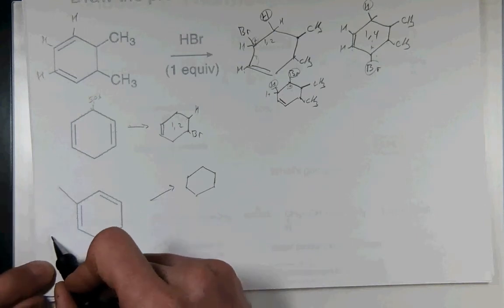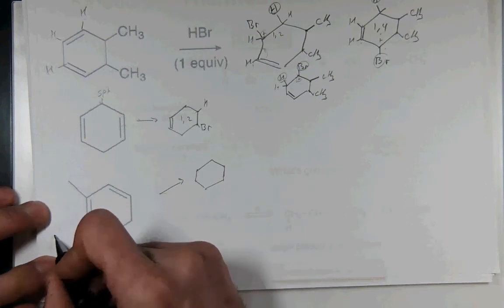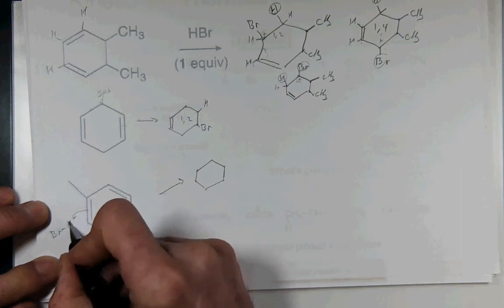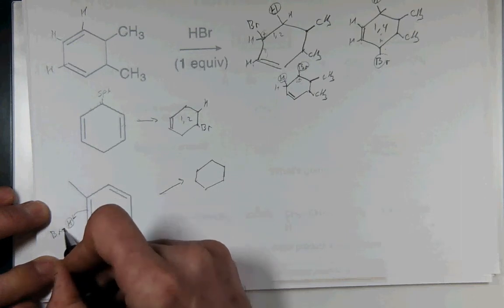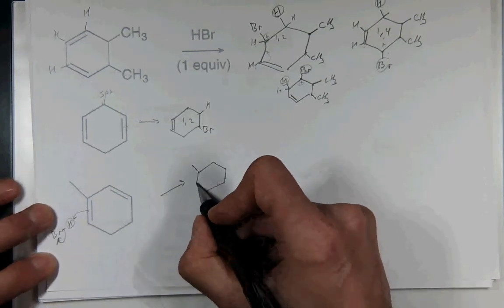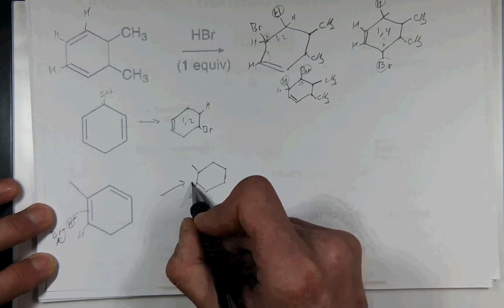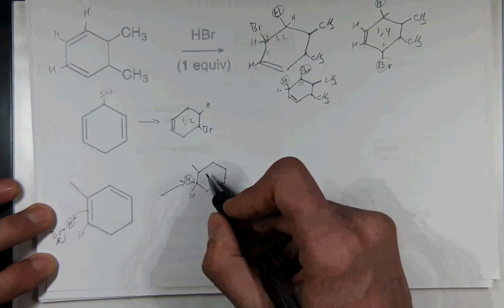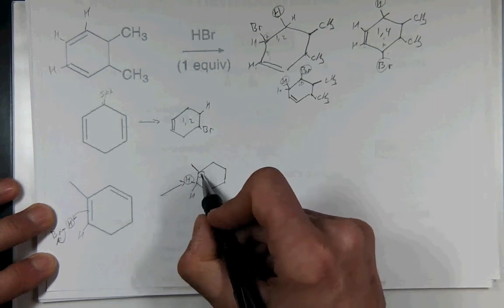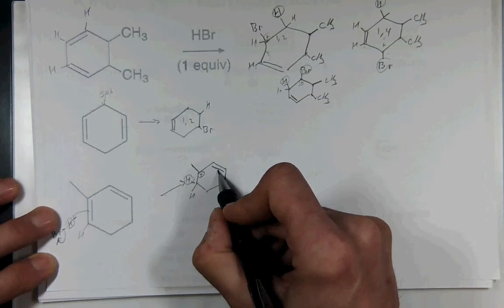So let me draw the mechanism here. If I put the hydrogen here, right, pair of electrons goes like that, bonds to this hydrogen, this pair of electrons goes on into the bromine. There's a hydrogen here as well. I'm going to stick that hydrogen here. That makes this a carbocation, and it's allylic to this one. Okay?